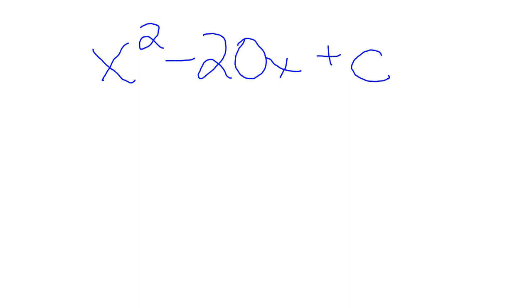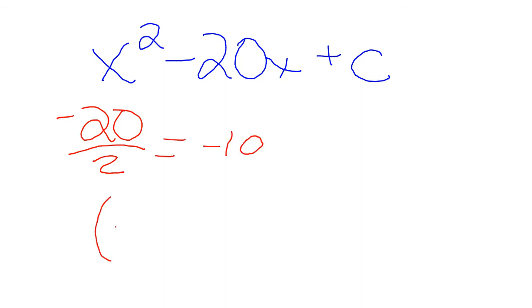So on this problem here, I just want you guys to be able to find c. So what we're going to do is take half of b. So b is right here, which is a negative 20. So I'm going to take negative 20 and divide that by 2, which is going to give me a negative 10. So automatically, I can put that in my quantity squared.